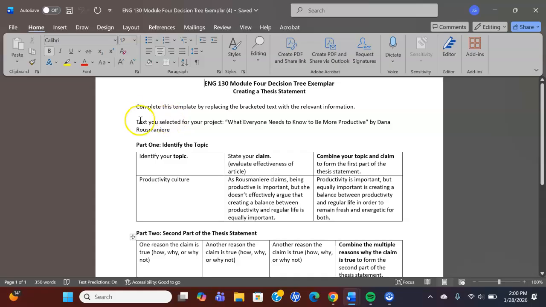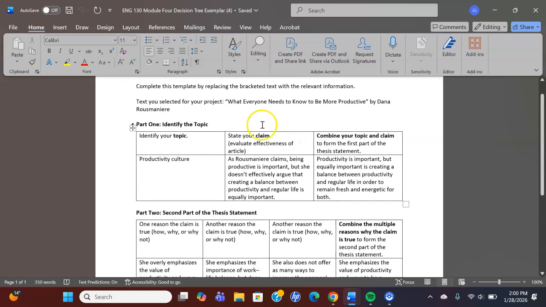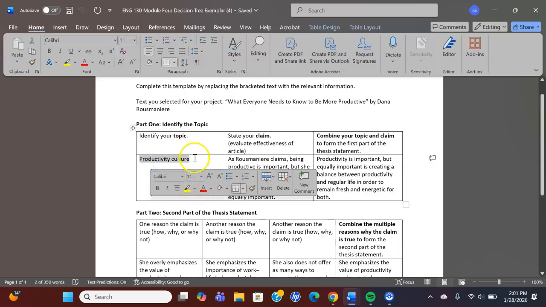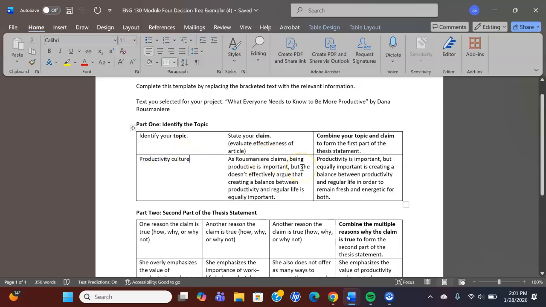And this is an example of how a student completed this assignment based on their chosen article by Dana Rose Manier. And that is not an article that you will be using, but it's good for an example here. So here you will identify your topic, and the student identified the topic as productivity culture.